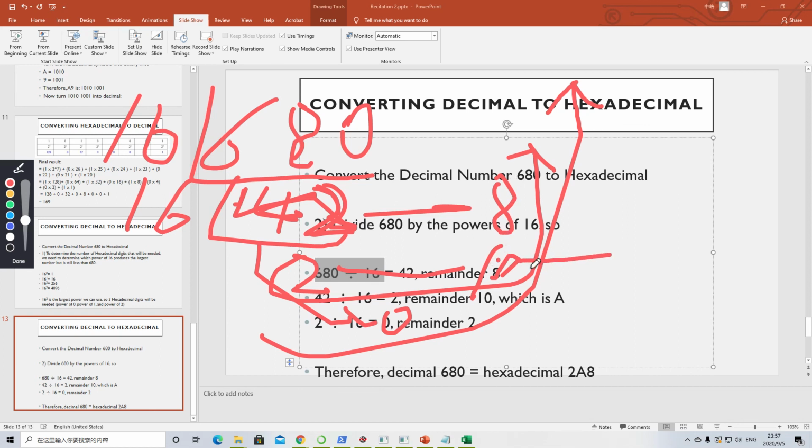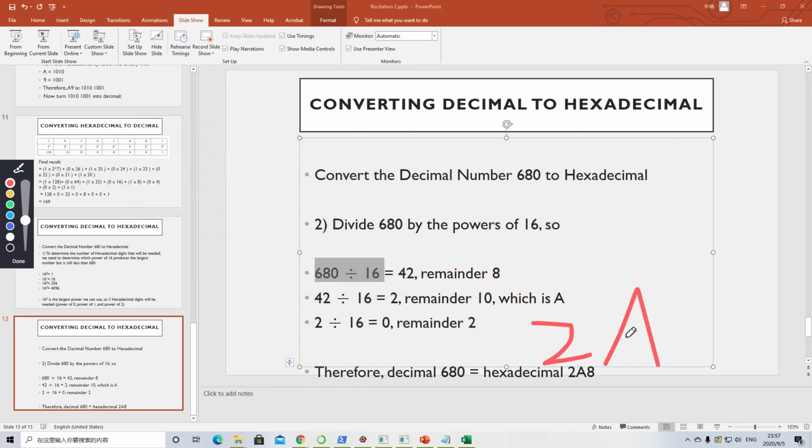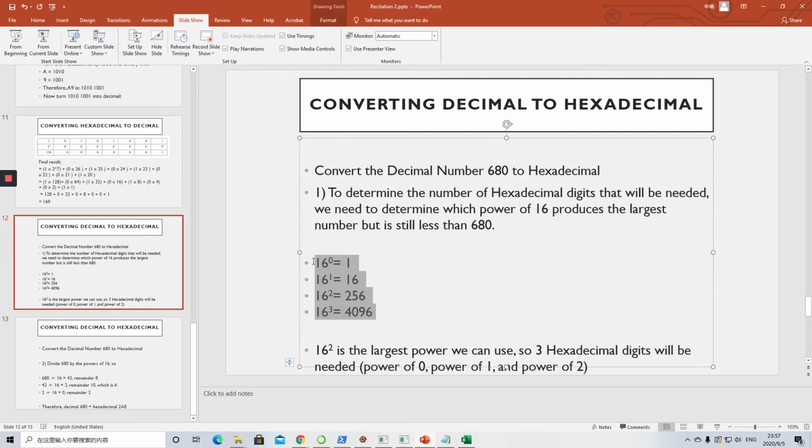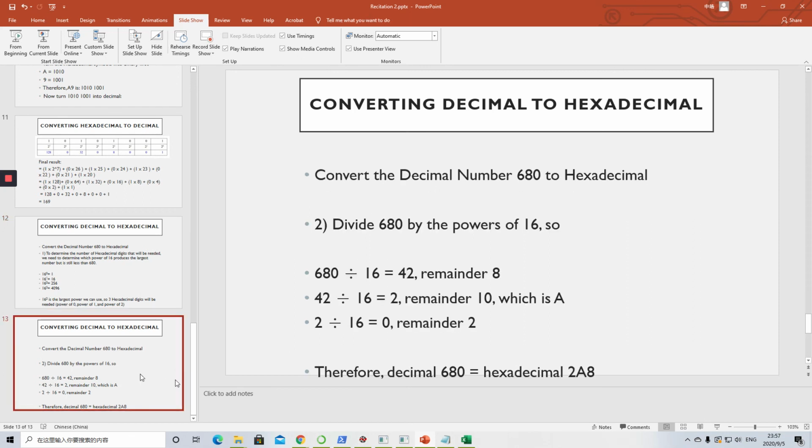And in hex, the 10 is going to be A. So the final answer is going to be 2, A, 8. Because we did the first step, we already made sure that this is a 3-digit number. So the hex of it is going to be 2A8.